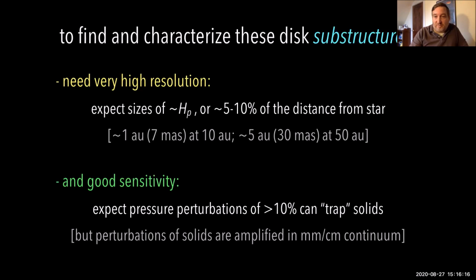And if the particles that are preferentially being trapped are pebbles, millimeter, centimeter size things, you're going to be looking at the millimeter, centimeter continuum. And since those particles are amplified in the traps, the density perturbations are much larger, so even small gas pressure perturbations can be seen in principle in the thermal emission from those small particles in the millimeter continuum, right? So sensitivity is important, but it's not the key important thing. It really is resolution that makes this difficult, right?